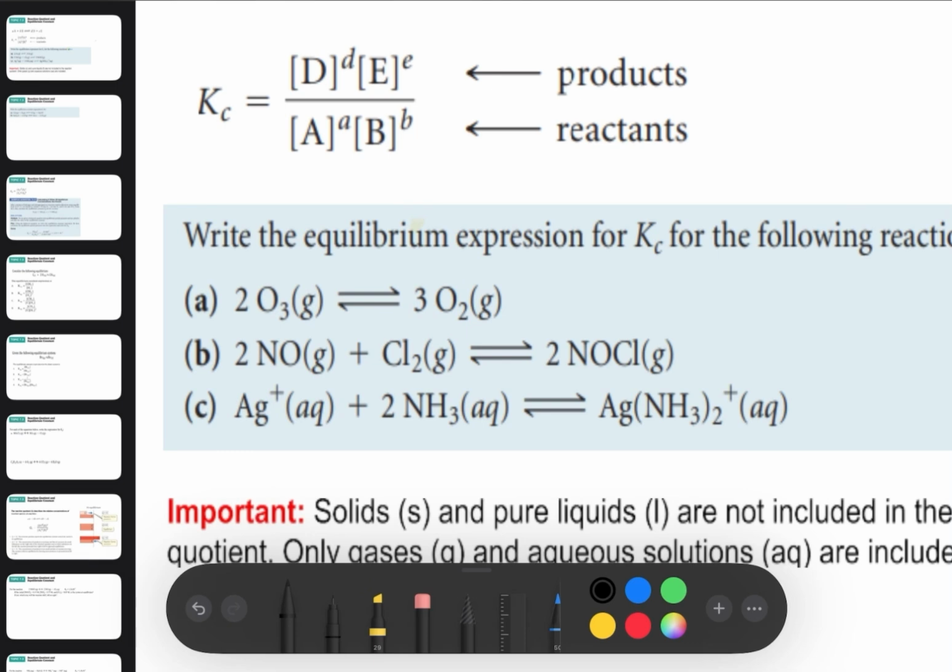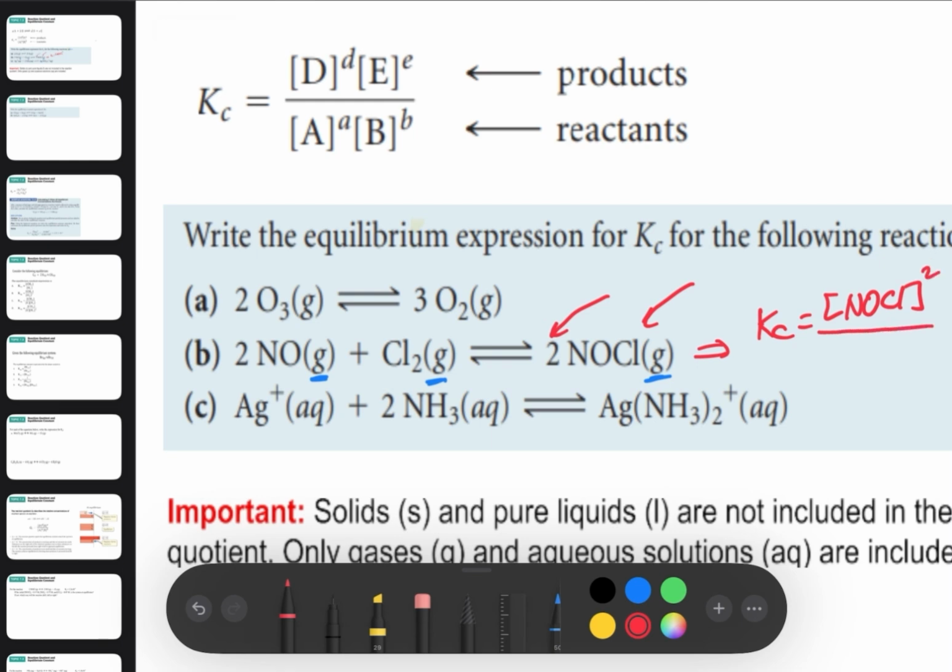Now let's cover the second one. First of all, check the states: gaseous, gaseous, gaseous. Now everybody's happy. I have to put products over reactants. The product is NOCl: we open a square bracket, put NOCl, close it, and since it's multiplied by coefficient 2, it's raised to the power 2.